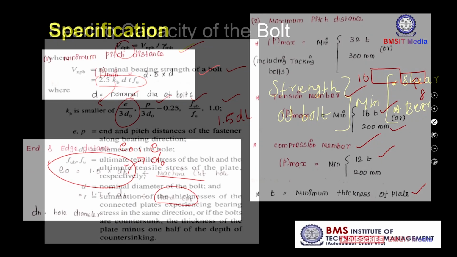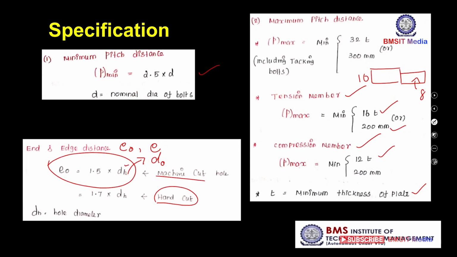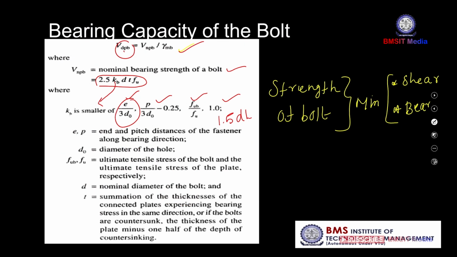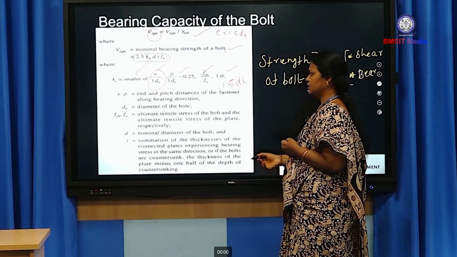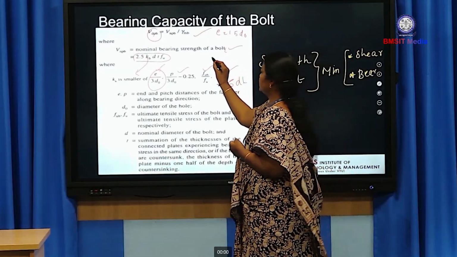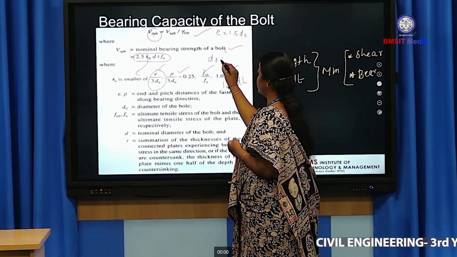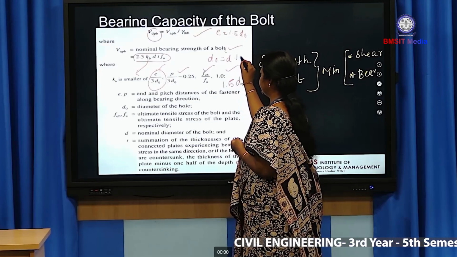We will check. Yes, the minimum edge distance or end distance is equal to 1.5 times d_0, so e equals 1.5 times d_0. How will we calculate d_0? d_0 is equal to the diameter of the bolt plus clearance.